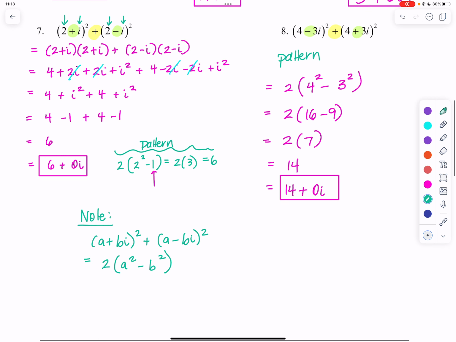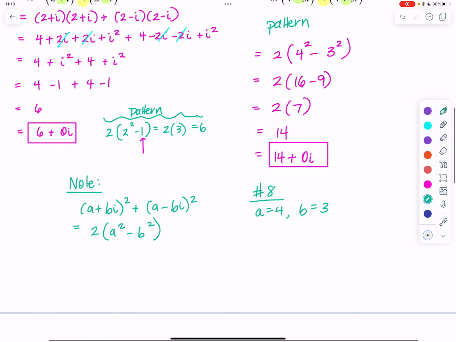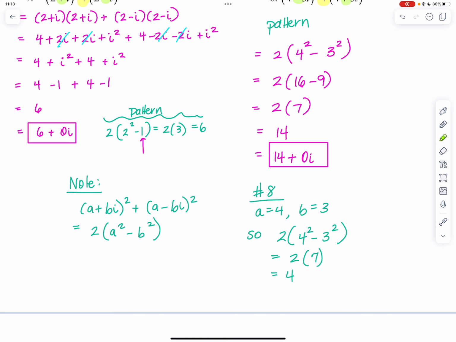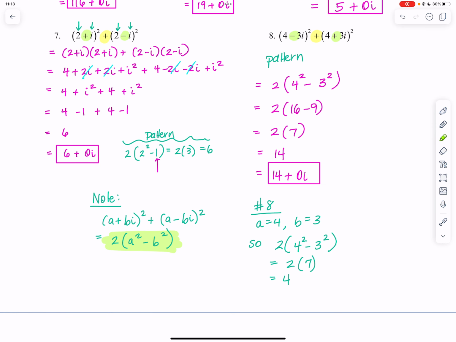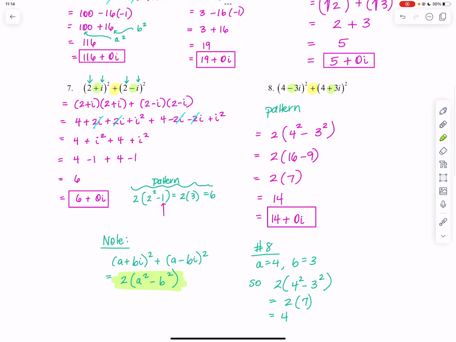And we could go ahead and note that here in number 8, a is 4 and b is 3. So here, that product in number 8 would be equal to 2 times 4 squared minus 3 squared. So maybe not a pattern you would want to memorize, but one that you could actually see exists. And that concludes this worksheet.